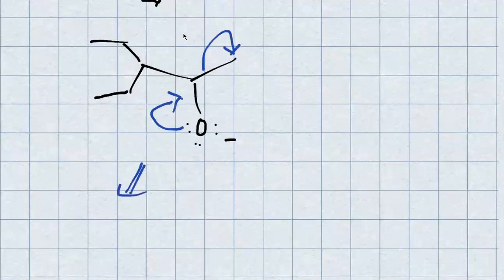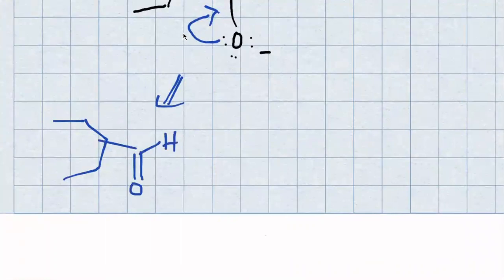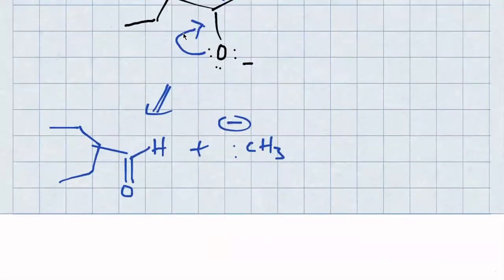All right, so I'll draw it down here. All right, so you have that plus this. And so with that, you know that this is going to eventually be your Grignard.